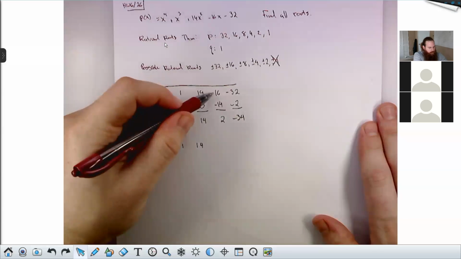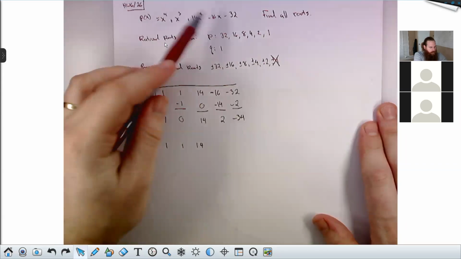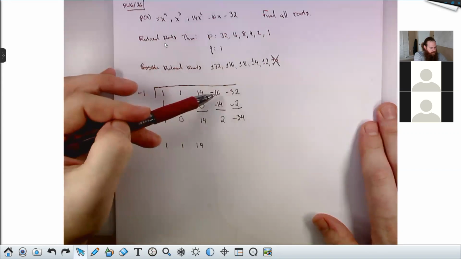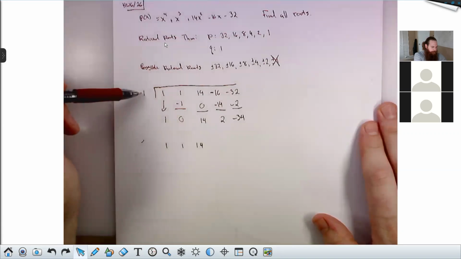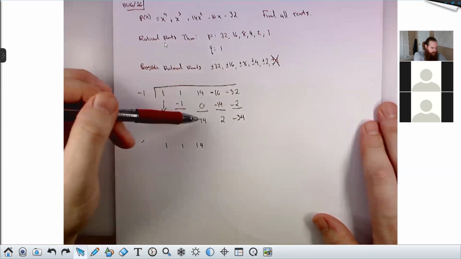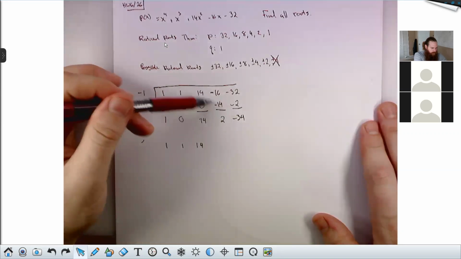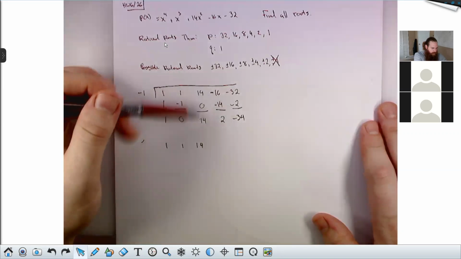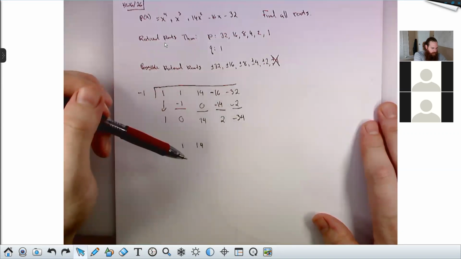Oh wait, this should be a -16. Sorry, I wrote this down as a +16. It should be a -16. Does that change things? So that would be -1 times -14 is -16 plus -14 is -30.